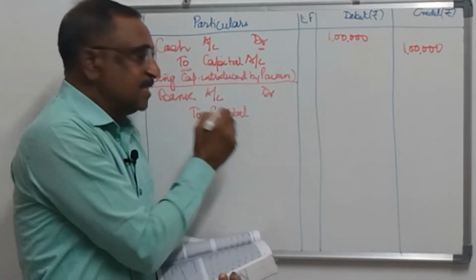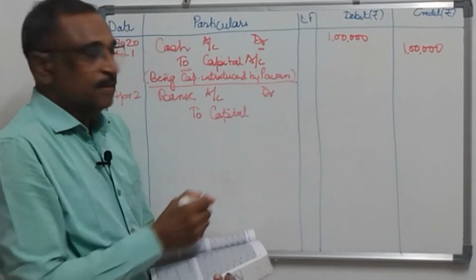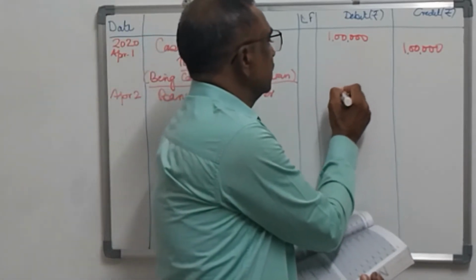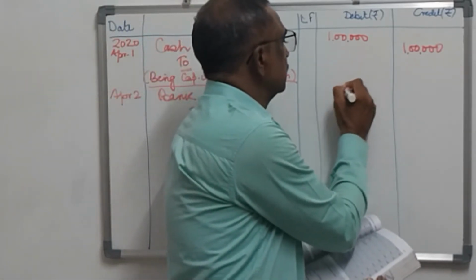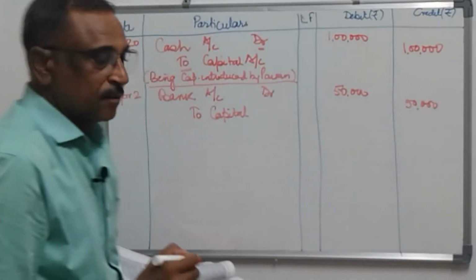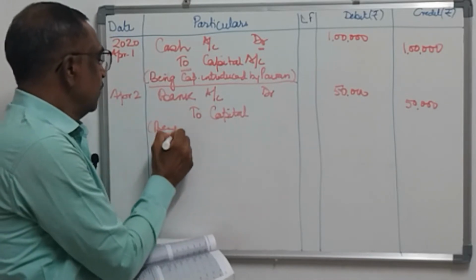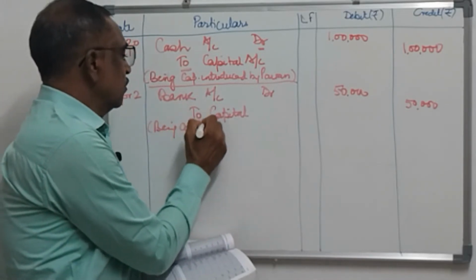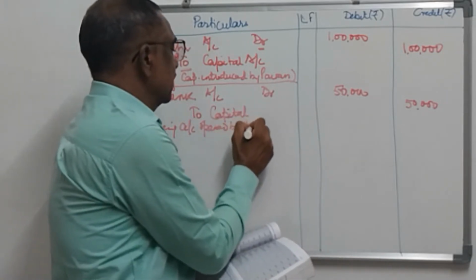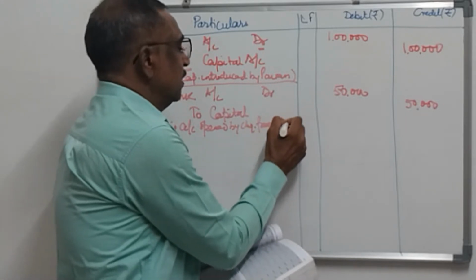So, this amount is in addition to the cash provided of 1 lakh. So, we will write 50,000. Okay. So, narration will be being account opened by check from personal account.